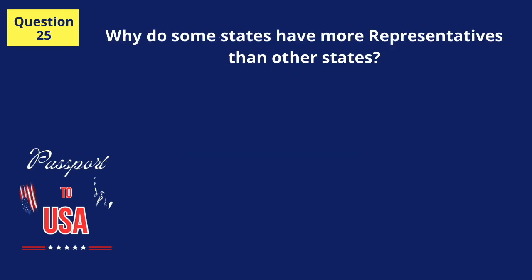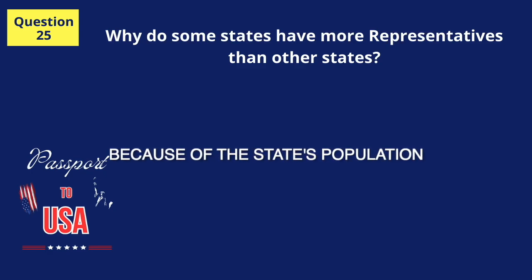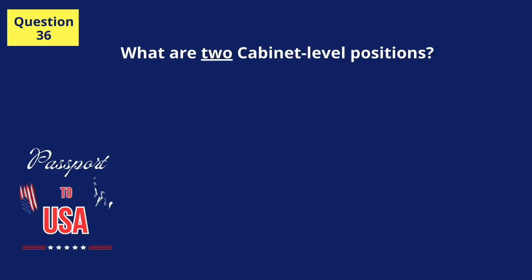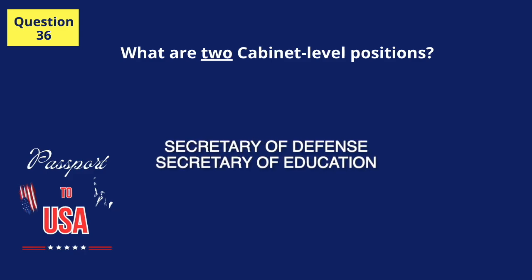Why do some states have more representatives than other states? Because of the state's population. What are two cabinet-level positions? Attorney General. Vice President.